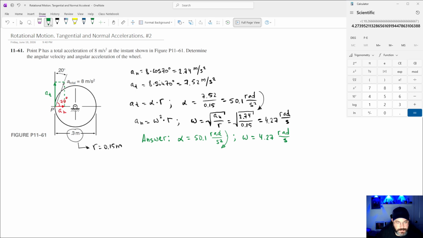Okay, so that's it. This problem is extremely straightforward, but there is that small trick: we can tell something about the direction of rotation for angular acceleration, but we cannot say anything about the direction of rotation of the wheel.